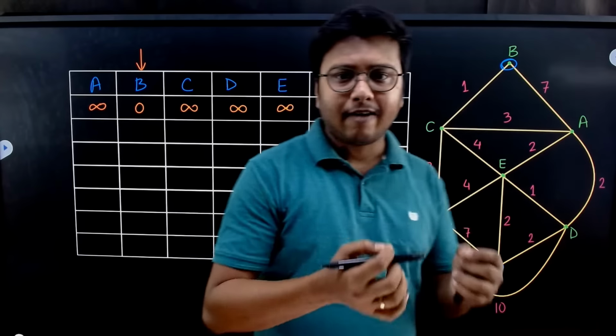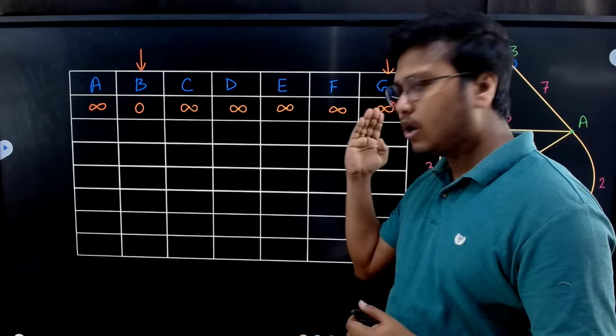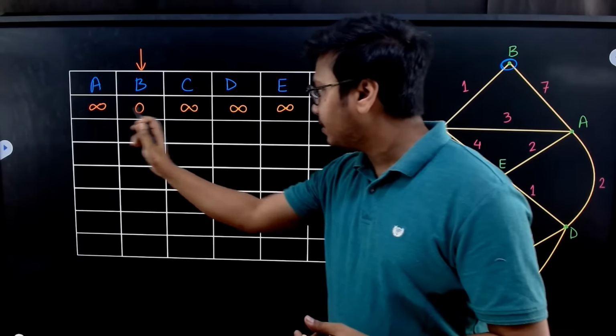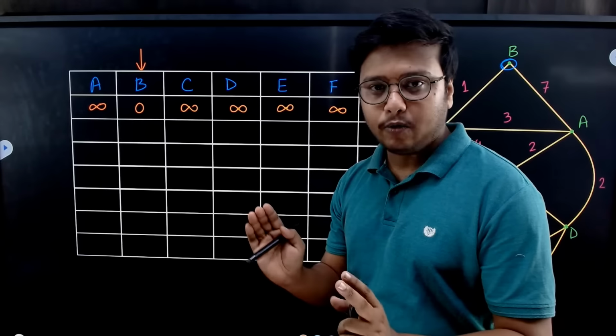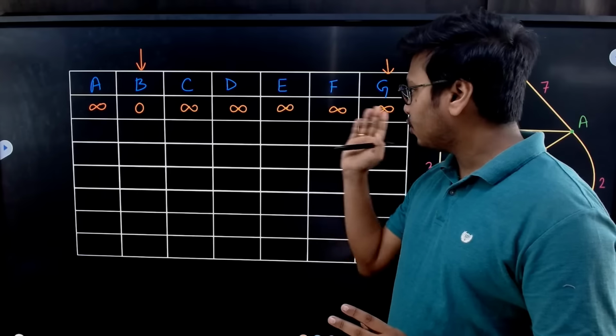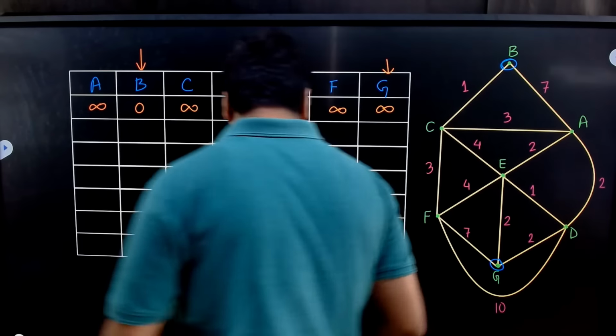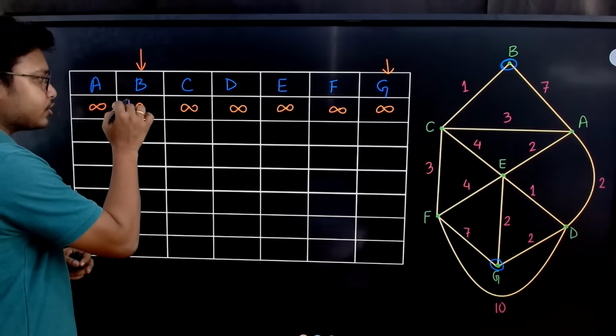Now, whenever we have completed one row, we are going to label that particular element which is the minimum value in that row. So in this row, the minimum value is 0. Now, how are we going to label it? We are going to label it by putting a box around it.